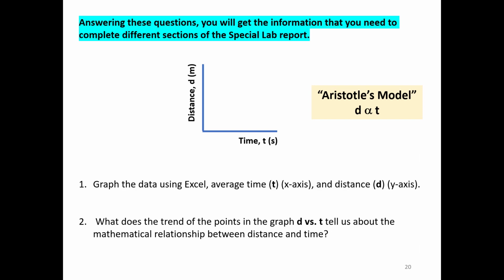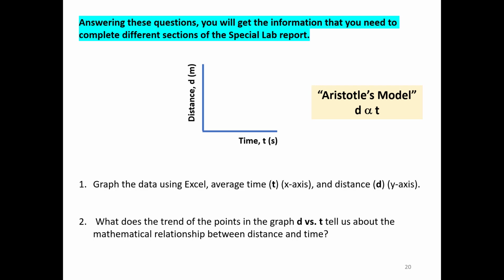After you complete the table, I suggest you answer the questions in the lab sheet, because this will help you get all the information you need to complete all the sections of the special lab report.